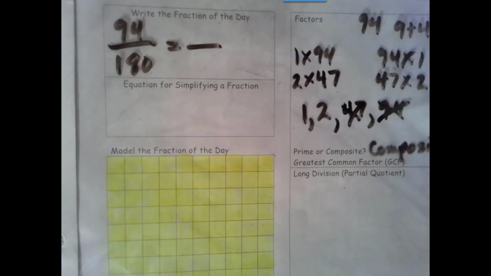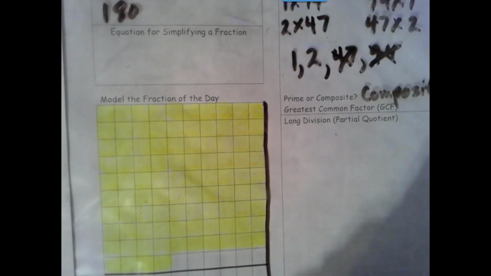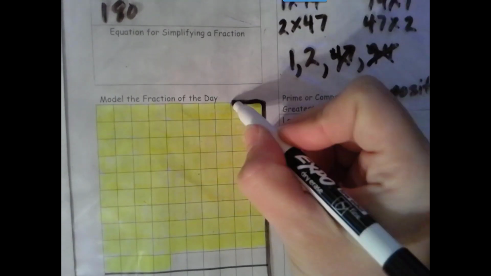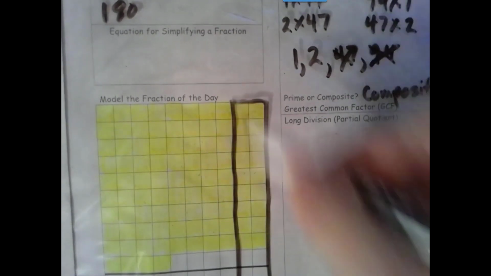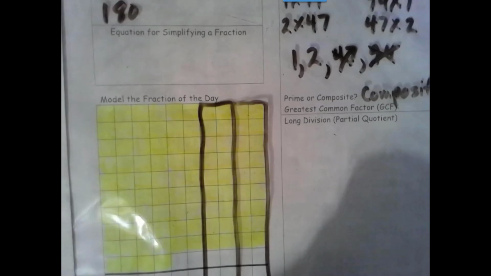Let's try groups of 2. Your groups of 2 do not have to look like mine, but you do have to have 2 in each group, and you need to keep your shaded separated from your unshaded.